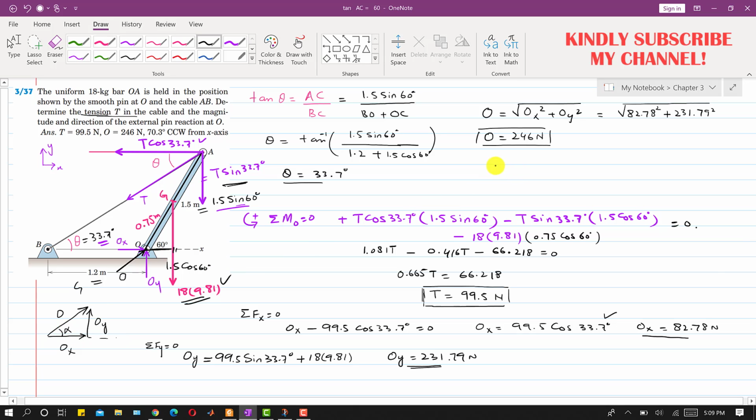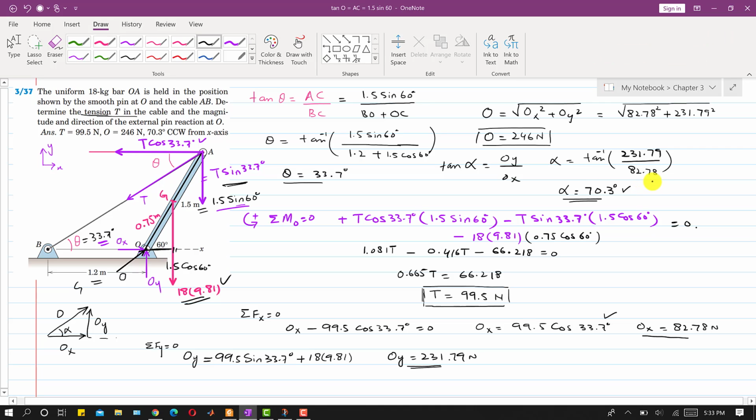So to find this alpha angle, tan alpha will be equal to perpendicular OY divided by OX, or alpha will be equal to tan inverse of OY, which is 231.79, over OX, which is 82.78. From this we get alpha equals 70.3 degrees, and this is the angle measured from the x-axis in the counterclockwise direction, right? So this is the angle like this. So this is the solution of this particular problem.